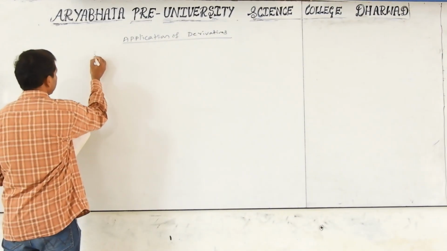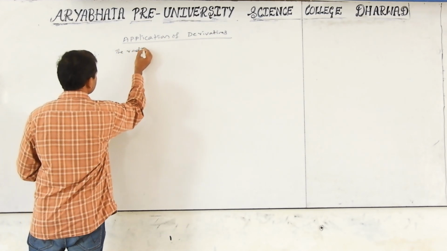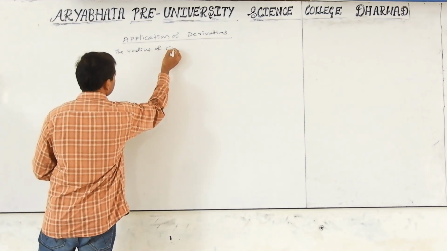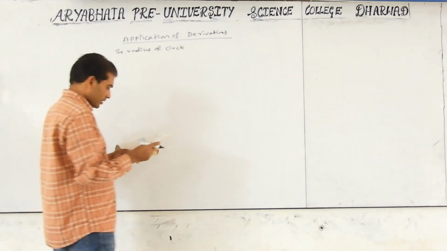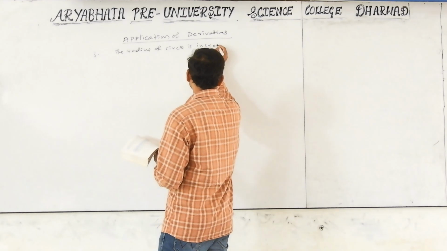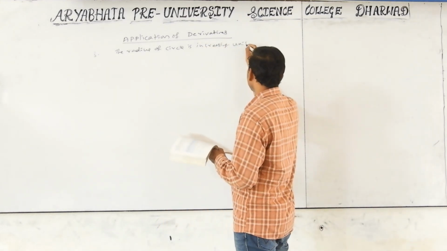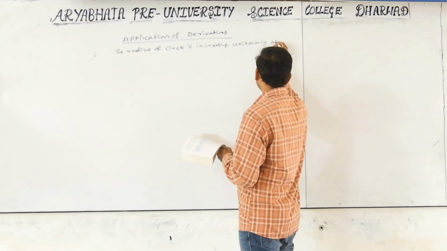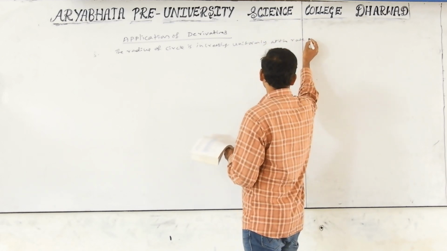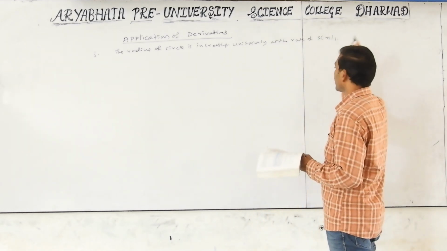Next, the third question. The radius of a circle is increasing uniformly at the rate of 3 centimeter per second.